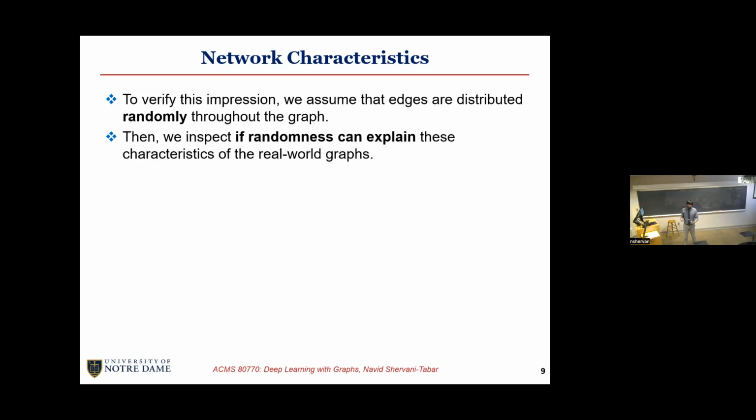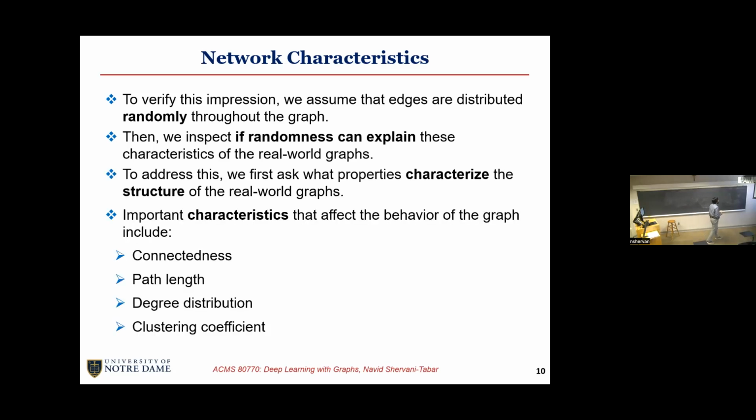If it does, we can explain those characteristics through randomness. But if these random graphs don't have the same characteristics, it means that what we observe in real world graphs is not a result of randomness, and there is a far more complex algorithm behind that characteristic.